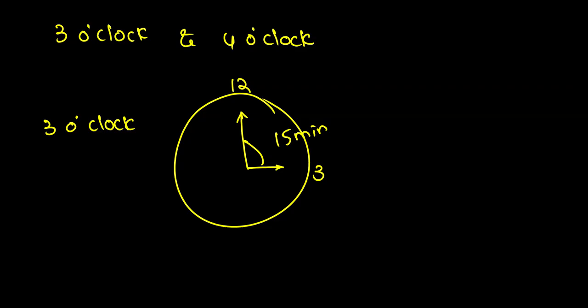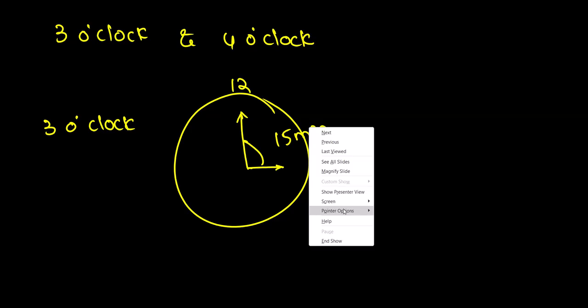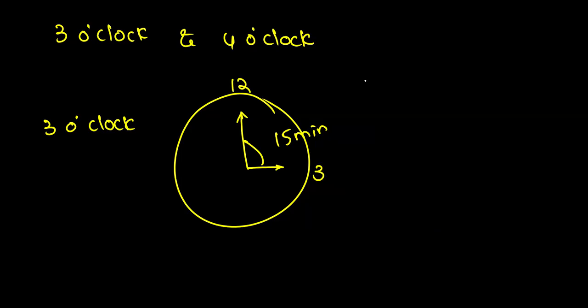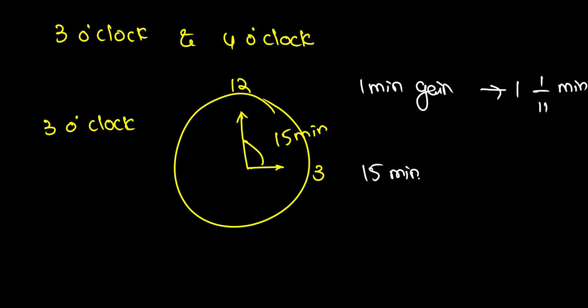So the hour hand is ahead by 15 minutes, so the minute hand should gain that 15, come and reach. Now listen, what I am telling you is very simple. For 1 minute gain, how much time do you require? 1 by 11 minutes. Now how much should it gain? 15 minutes. Then the timing should be 15 by 11.